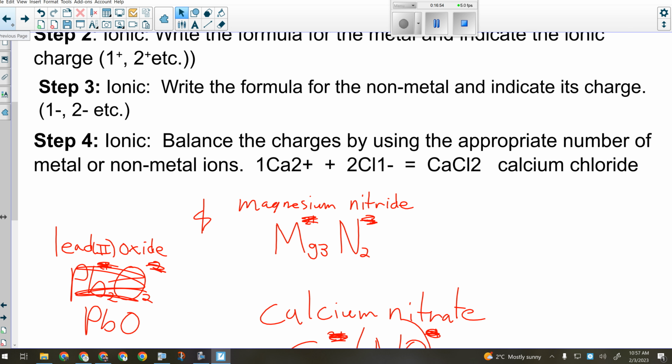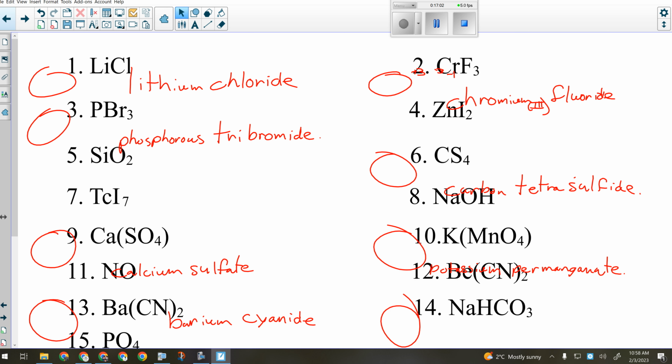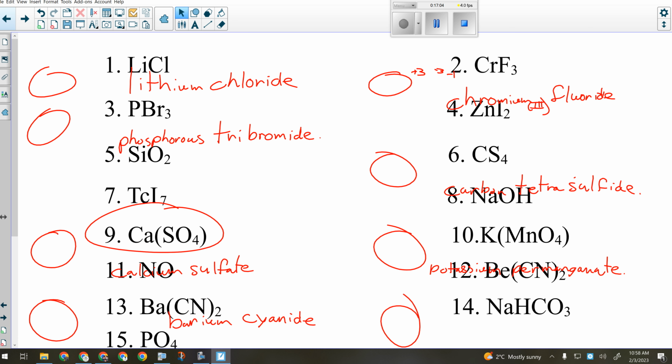I had one where I didn't need a number outside, but I still put the brackets around. Same with potassium permanganate. It's not wrong, but we don't typically do it if we don't have to.